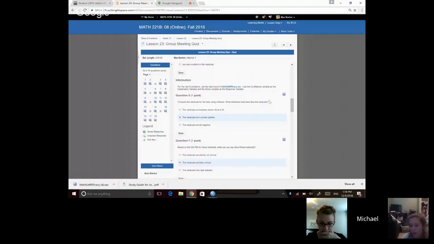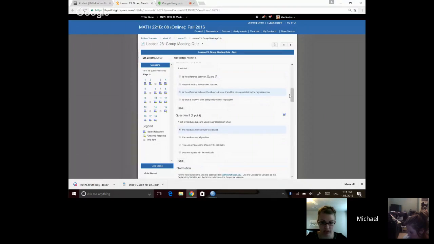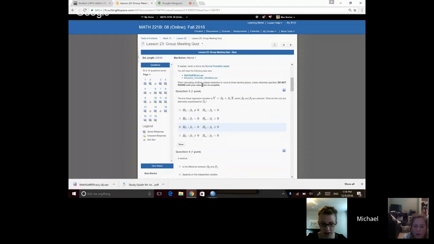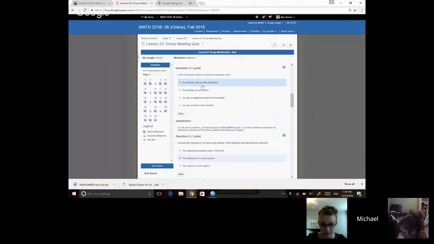No, it's independent. For the next 8 problems, use this data. Use the confidence variable as the explanatory variable and the score variable as the response variable. Confidence is the explanatory, and the response is the y. It's dependent.